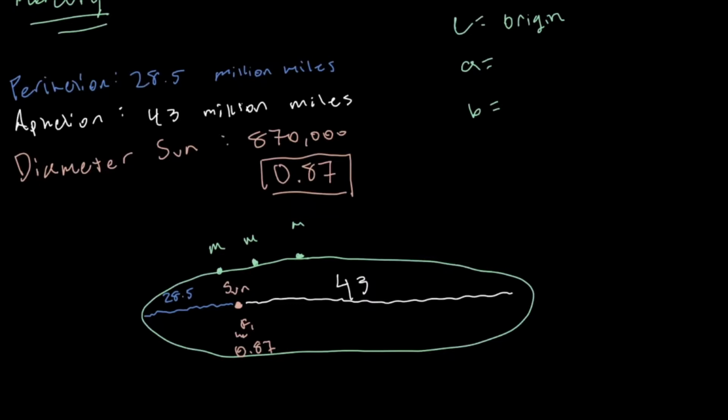We do not know A. If you think you know A, what is A? 28.5. A is not 28.5. So I'll actually help you with a picture here. A is the distance from the center to the end, or half the distance of the entire major axis.